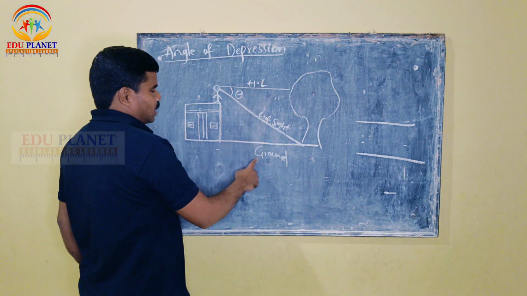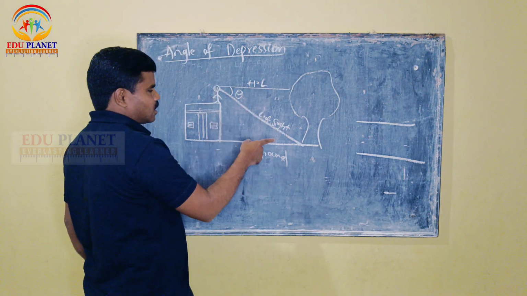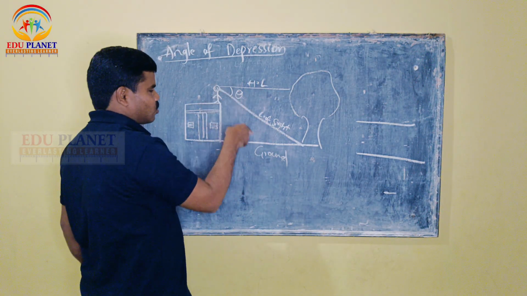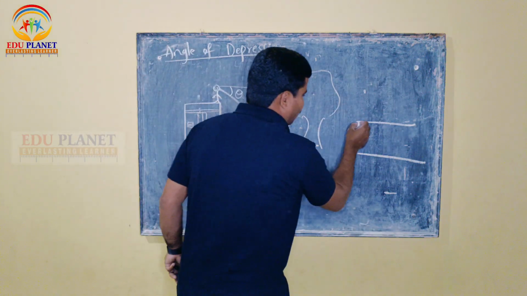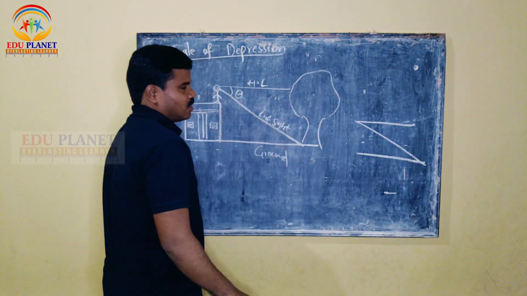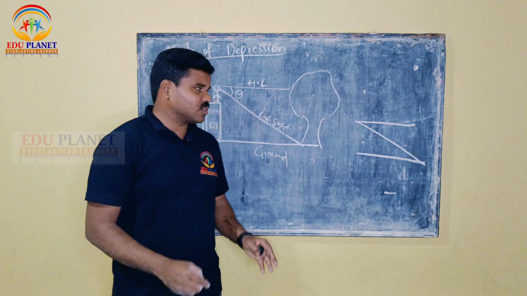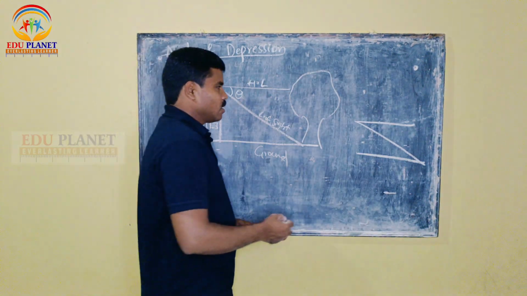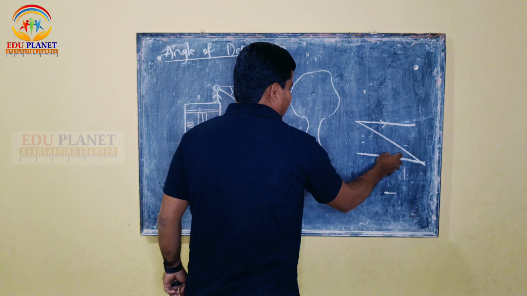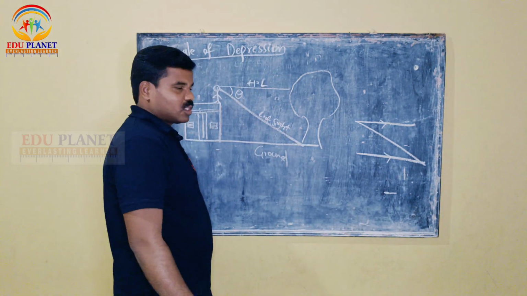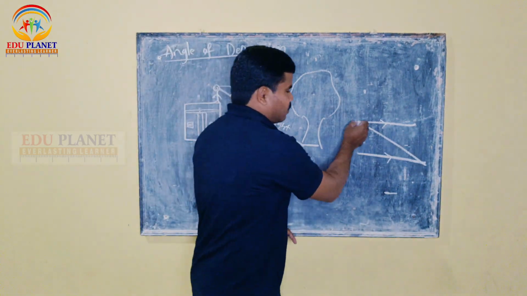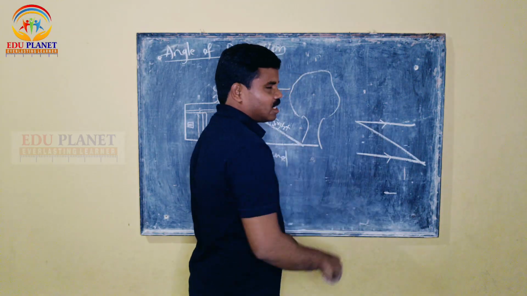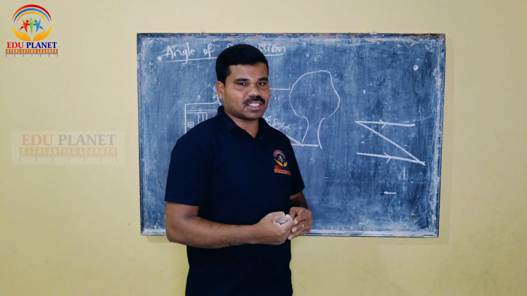Between the horizontal line and the ground, there is an intersecting line, which is the line of sight. Generally, the horizontal line and the ground are both parallel. The line which intersects the parallel lines is treated as a transversal.